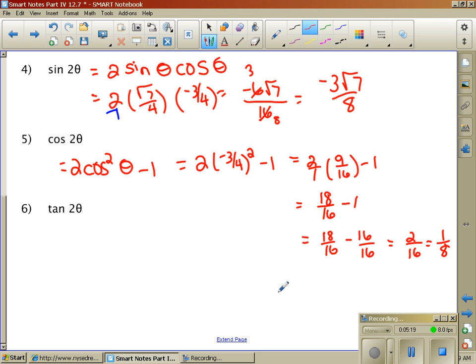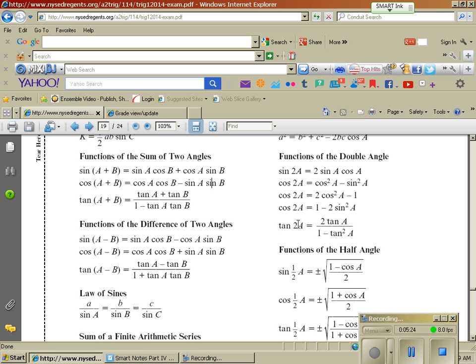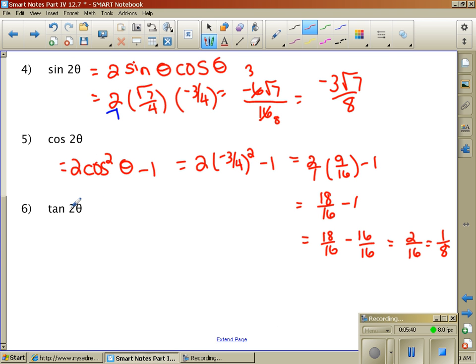Now, tangent 2 theta has a formula. If you look at your formula sheet, it's not written on the front of this packet, but 2 tan theta divided by 1 minus tangent squared theta, or A in this case. But also remember that tangent is sine over cosine. So if we're just doing the tangent, we're going to use that formula. But since we already did the sine and the cosine of the double angle, the tangent of 2 theta equals the sine of 2 theta over cosine. Right? Go back to your quotient identities. So we already have these.